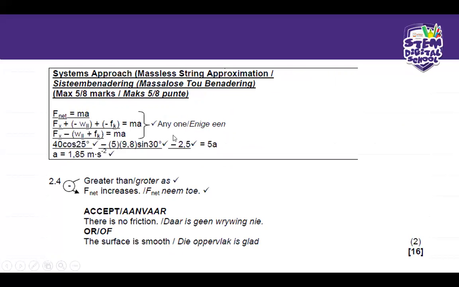And then we've got our friction force, which was already given as 2.5 Newton, and that will be equal to the mass, which is 5, and the acceleration that we are looking for.